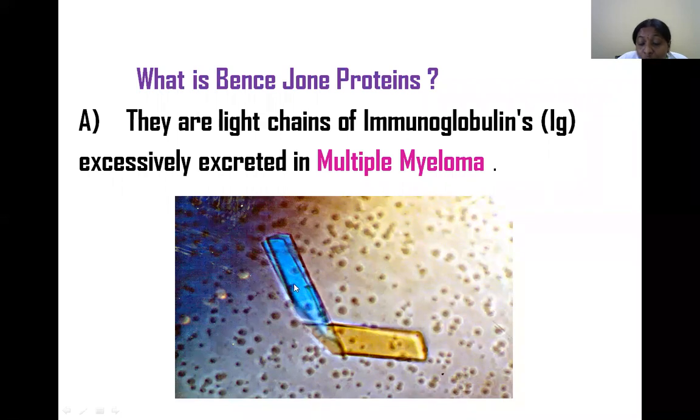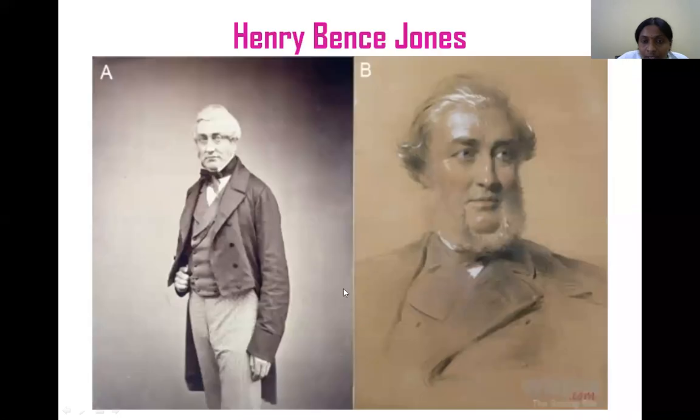Henry Bence Jones was the scientist who first described the light chains of immunoglobulins. Hence, the light chains of immunoglobulins excreted in urine are known as Bence Jones proteins.